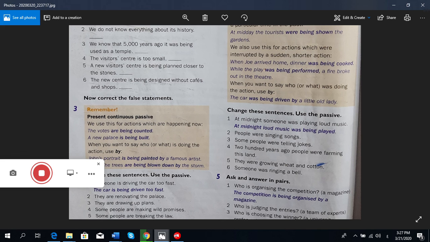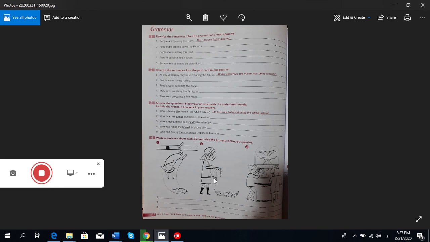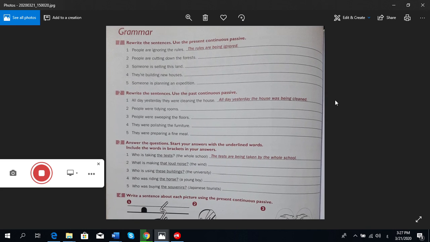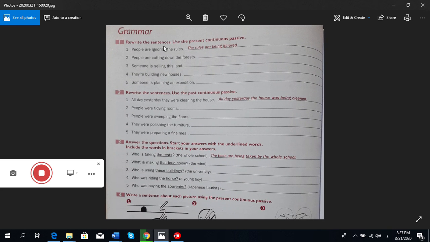Now move to your activity book, please. We have page 88, exercise 1. Rewrite the sentences. Use the present continuous passive. Please write the rule here, then follow it. What do we write for the rule?